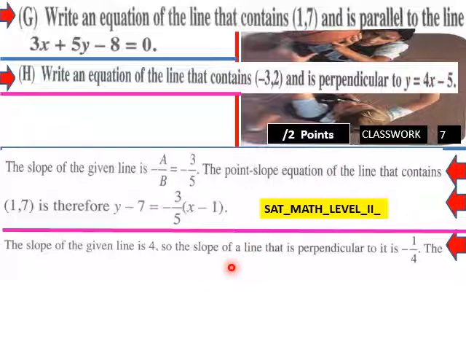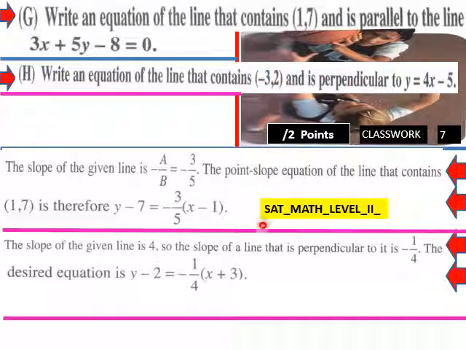So the slope of a line that's perpendicular to it would be the negative reciprocal, negative 1 over 4. The desired equation is y minus 2, because we're going to use this point, equals negative 1 over 4 times (x plus 3). That would be the equation of a line that is perpendicular to this line and goes through this point.